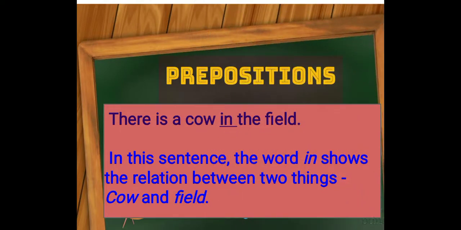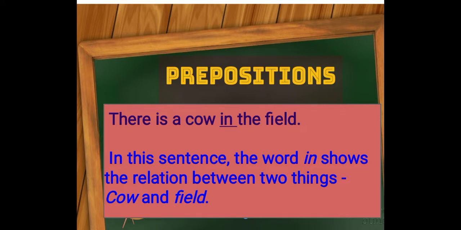Now to understand prepositions more, we will look at some sentences. First, there is a cow in the field. Now we can see that in this sentence the word in shows the relation between two things. What are the two things?